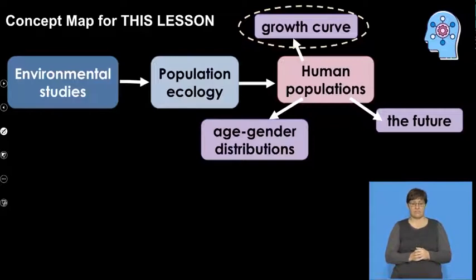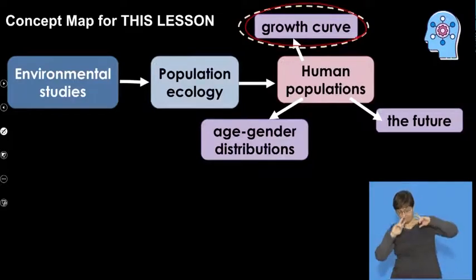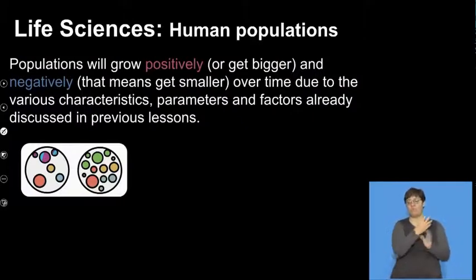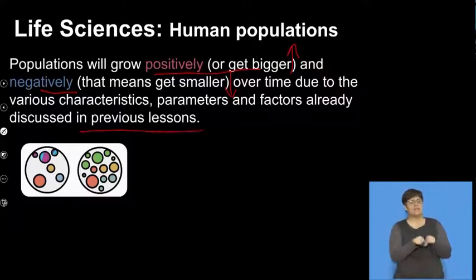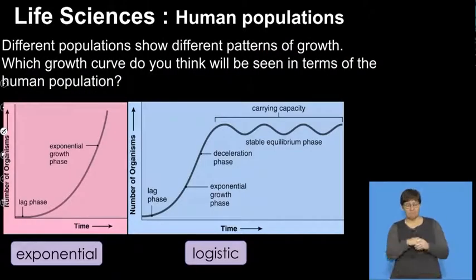So we're going to begin our exploration looking at the growth curves. We know that populations grow positively or get bigger, and negatively, in other words, get smaller over time. And we've already discussed all the parameters and factors that cause this growth change.